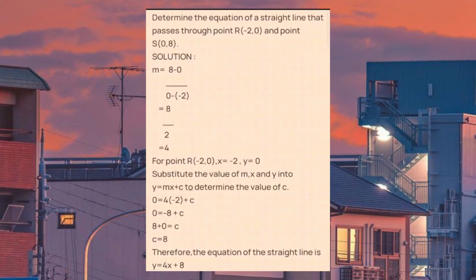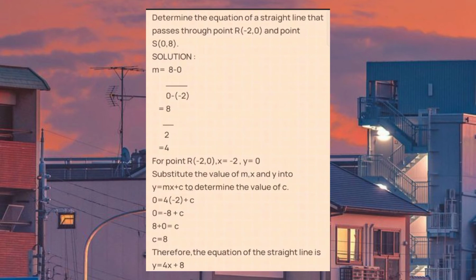For point R, x equal to negative 2 and y equal to 0. Then, substitute the value of m, x and y into the equation y equal to mx plus c to determine the value of c.